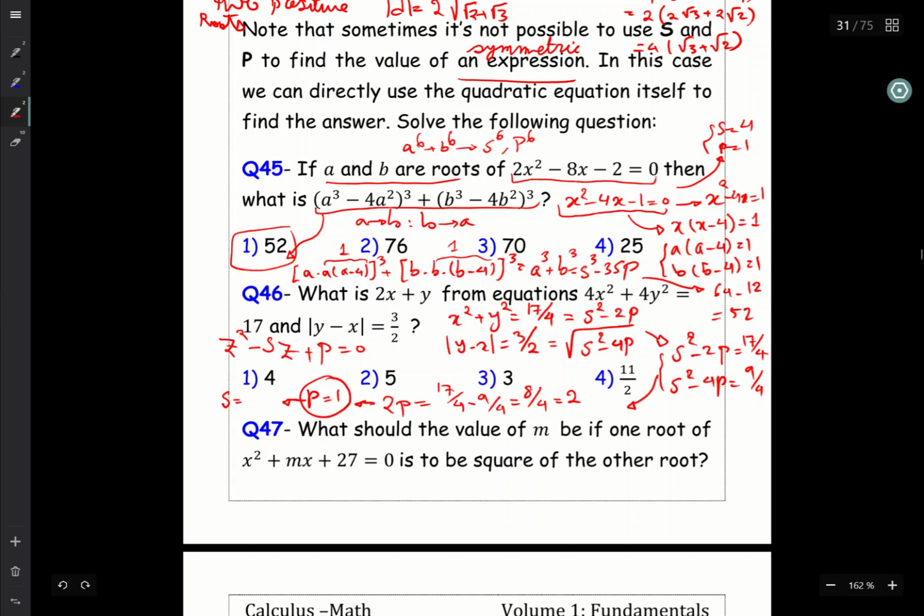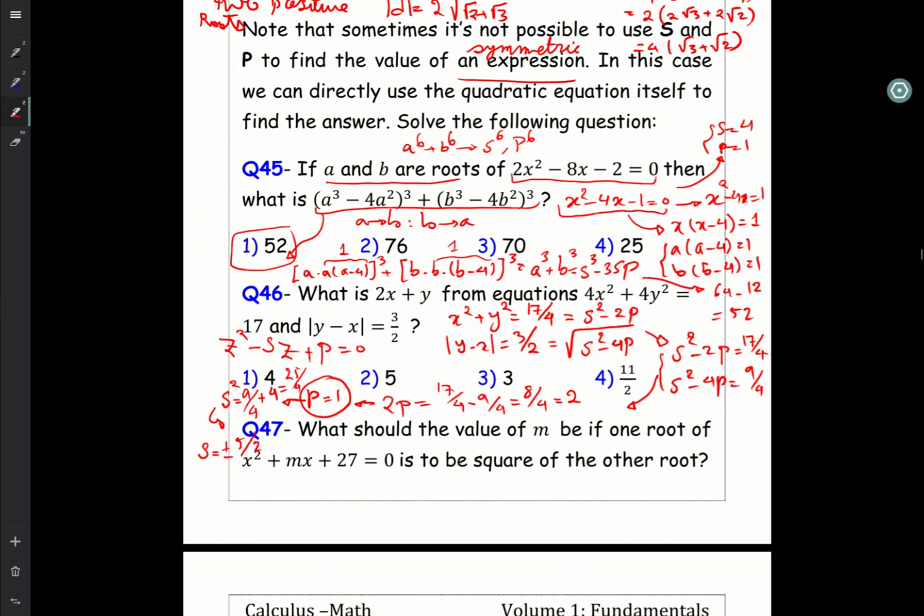Basically s squared is 9 over 4 plus 4p, 16, 25 over 4. Therefore, s could be plus minus 5 over 2, right? Again, the problem here is that we don't know whether s is positive or negative, right?